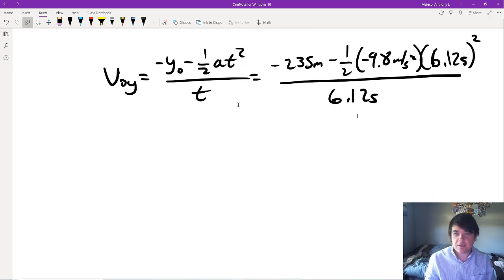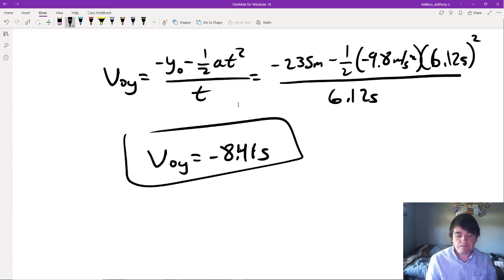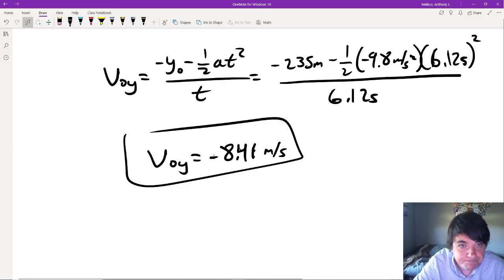I actually get a negative value from this, which is what we said we'd expect, a down throw, because there's less time for the supplies to reach them. So we need to throw it downward to make it happen. So that's our answer.